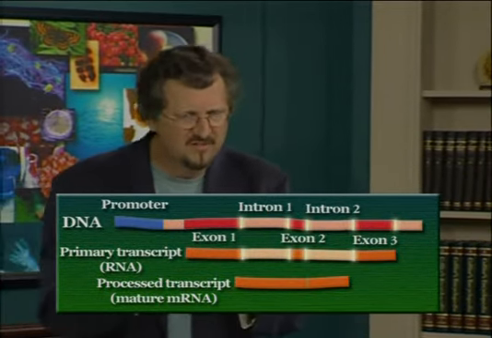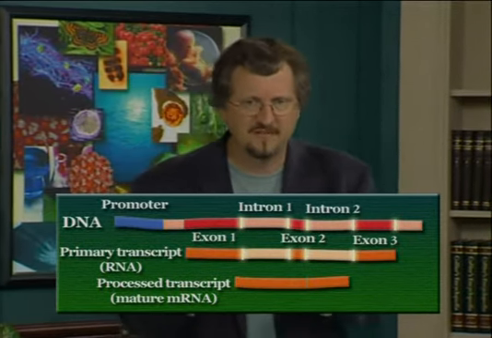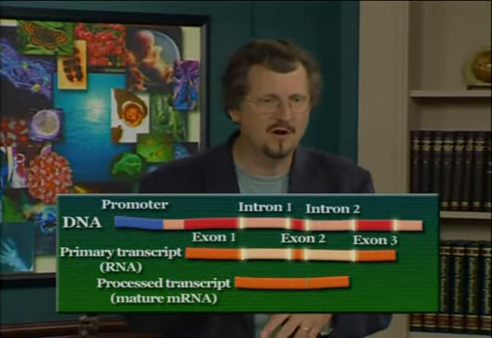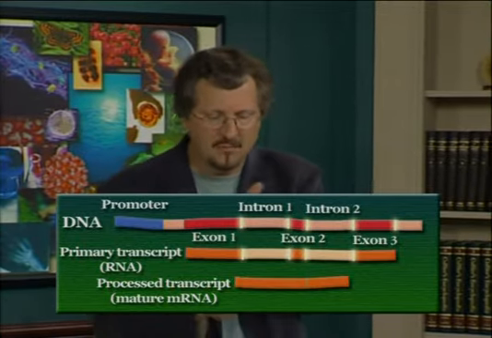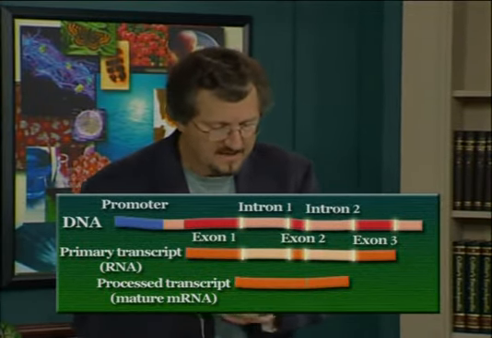Particular, or average, sequences of bases can be used to identify where an intron begins or where an intron ends and an exon begins. These boundaries are recognized by special protein RNA complexes that catalyze the cutting and splicing of these RNA transcripts.